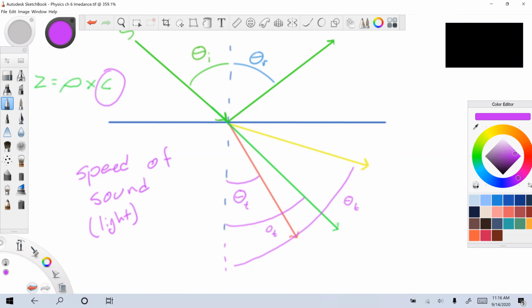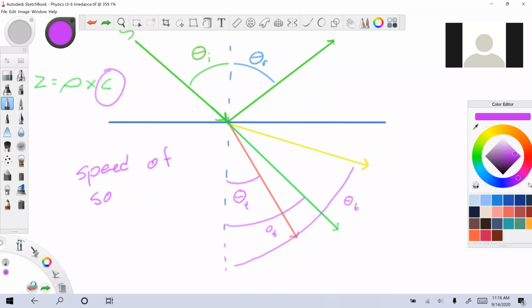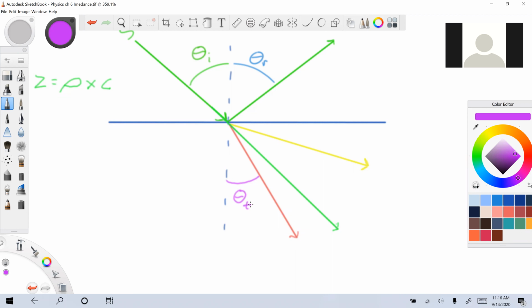Let me just erase a bunch of this. Okay, we'll just stick with this one. Now I have a mnemonic that usually works. It depends on how you draw your picture, but it usually works.